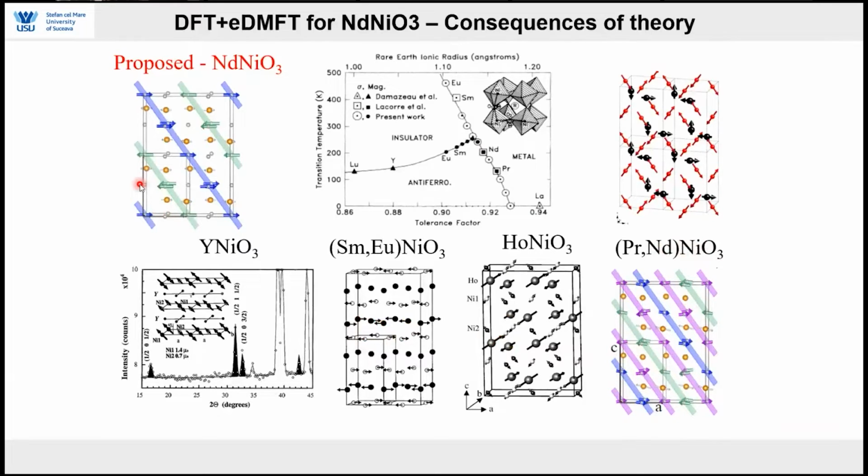Looking at the experimental paper, what we realize is that to fit the experimental data for praseodymium and neodymium, there were 2 possible models. One model where both sides have a finite and equal magnetic moment, and one model where one magnetic moment was large and the other one was 0.